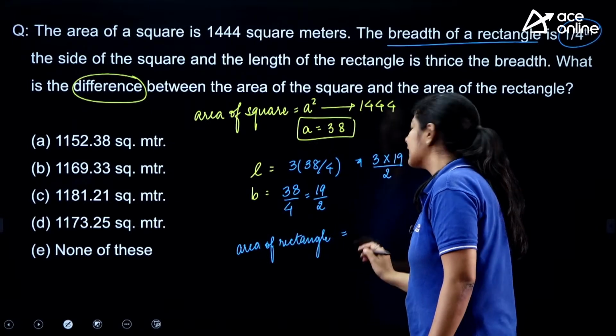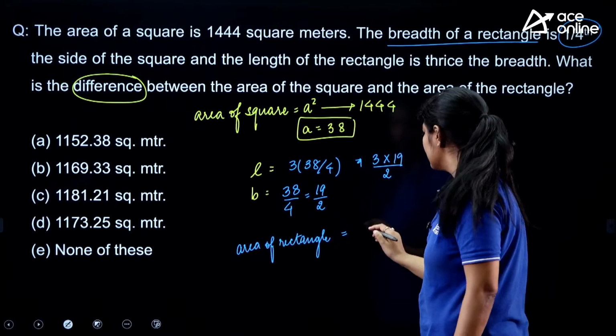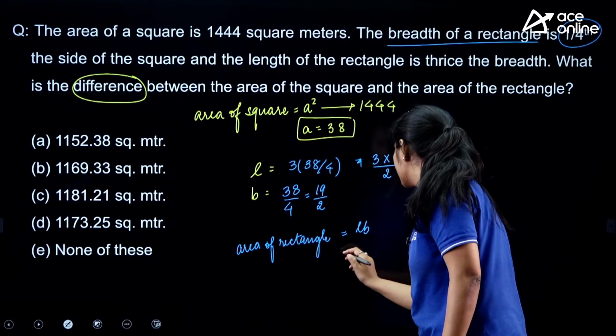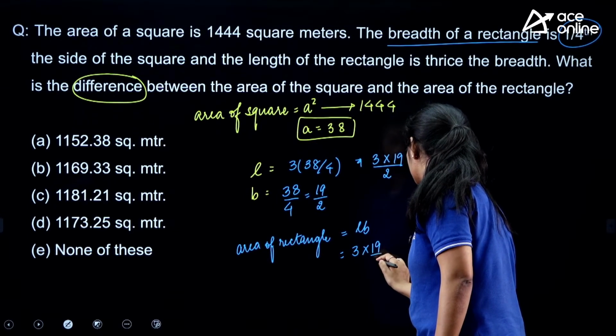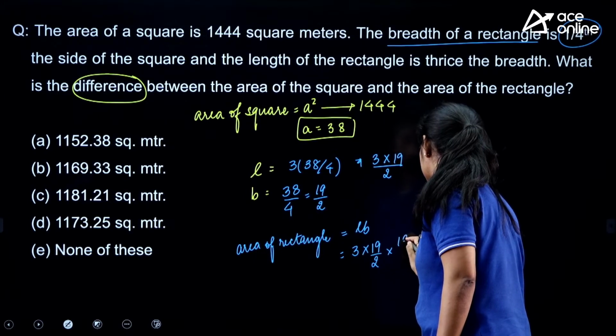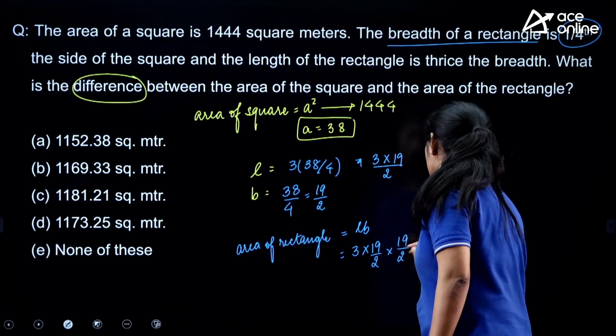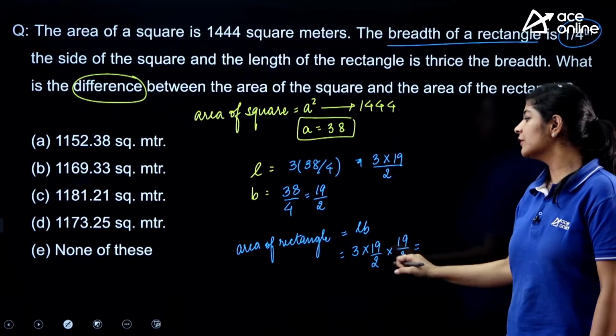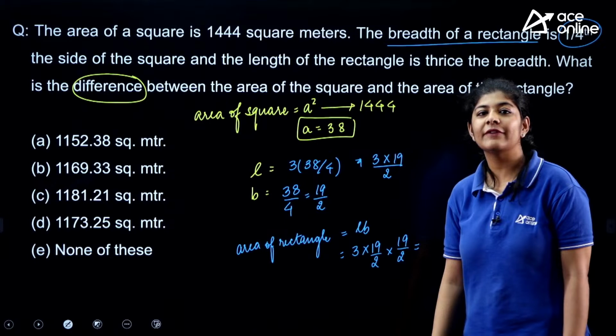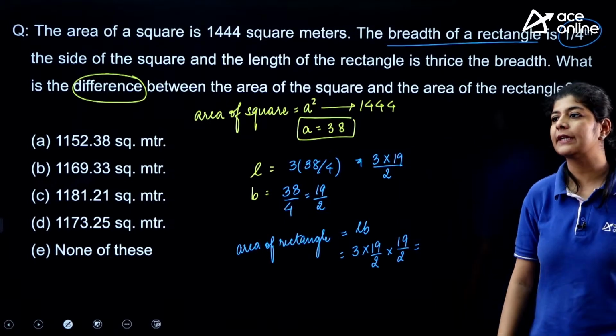So the area of the rectangle is nothing but length into breadth. So we can simply substitute the value 3 into 19/2 into 19/2. When you solve this, what is the value of the area that you people are getting?